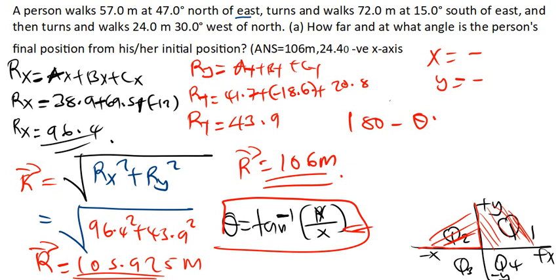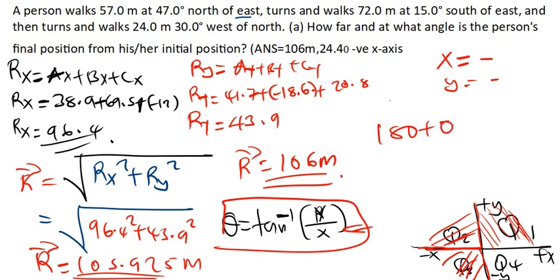The next thing we have to know is that if the x component is negative and the y is also negative, then the angle falls in the third quadrant. In this quadrant, you plug in only positive values in this formula. Then you say the answer is 180 plus the theta you find using this formula.